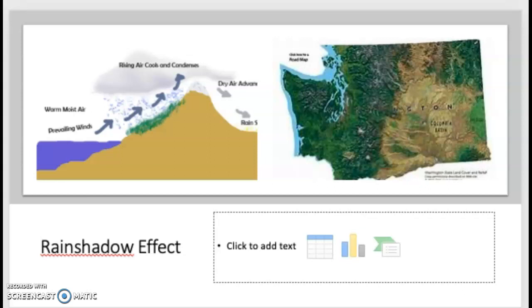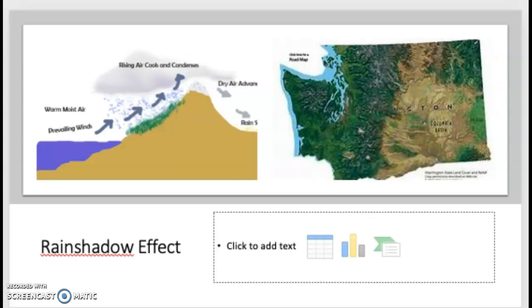On the side of a mountain that has a body of water next to it, we will have a lot of rain and precipitation. And as that air eventually moves across to the other side of the mountain, it's lost all of its water vapor because it cooled up to a point where the water molecules were close together and all of the air molecules are close together, and the water vapor has already condensed and fallen out as precipitation, as either rain or snow.